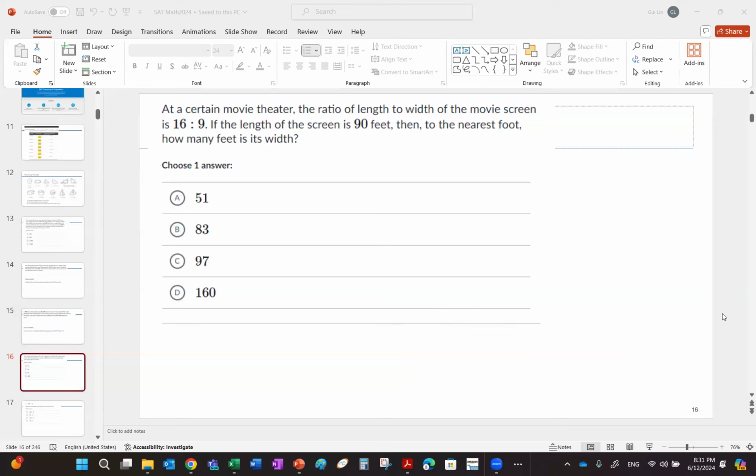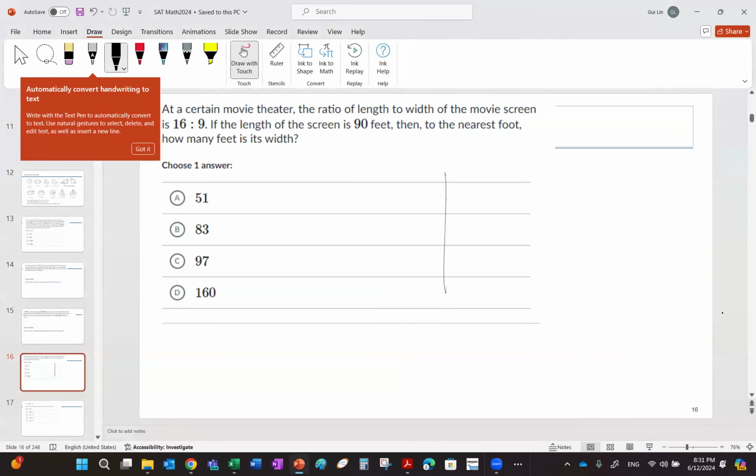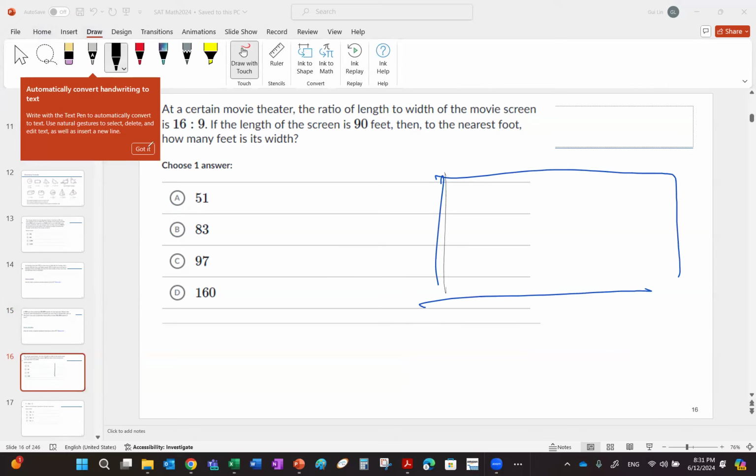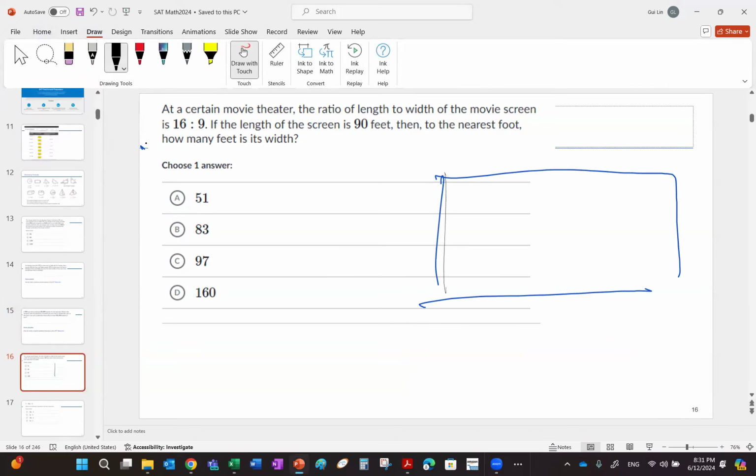At a certain movie theater, the ratio of length to width of the movie screen is 16 to 9. If the length of the screen is 90 feet, then how long would the width be?